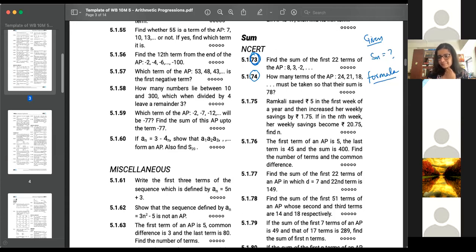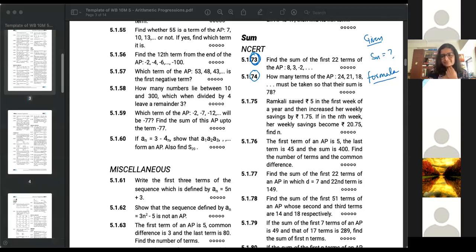Neil, yes. Anirban, check your calculation for 73. इतना बड़ा number तो नहीं आएगा. We're taking only 22 terms, no?